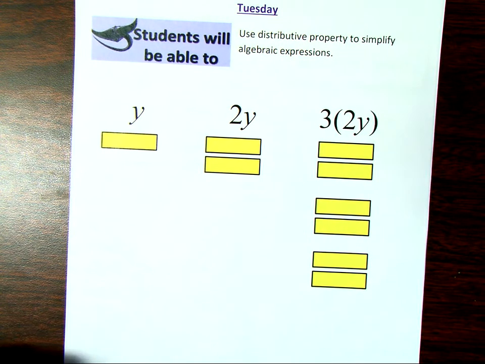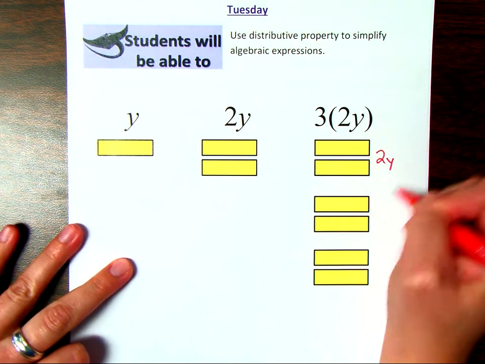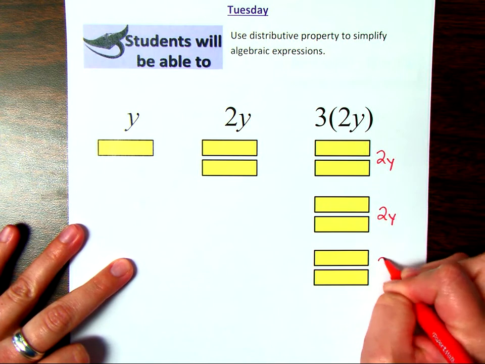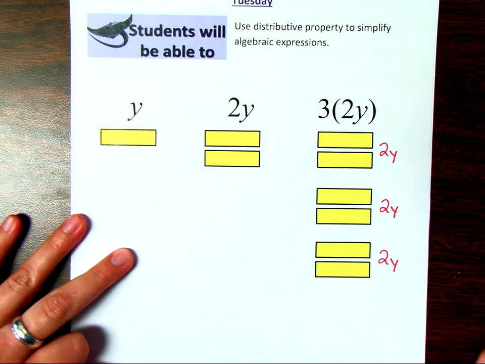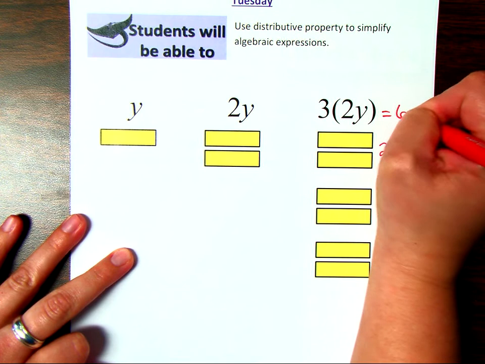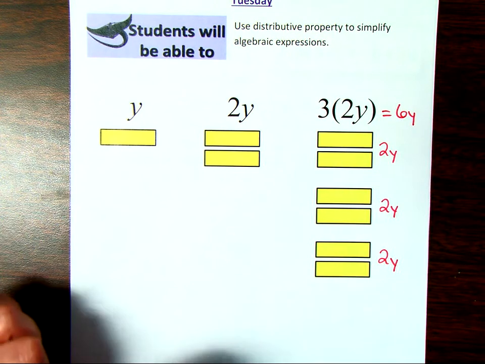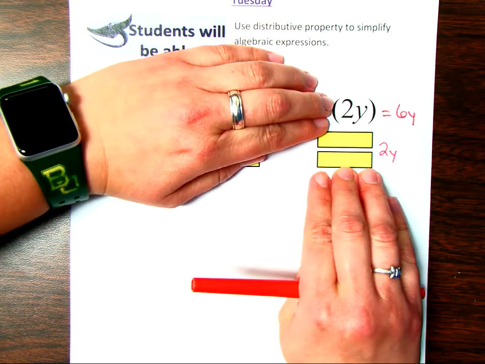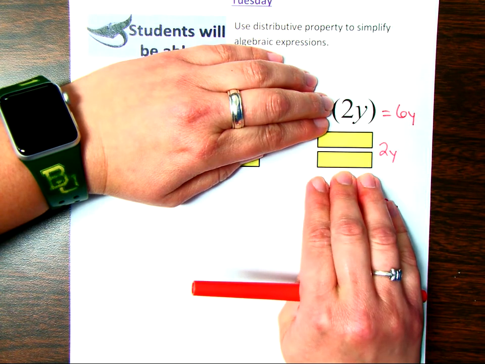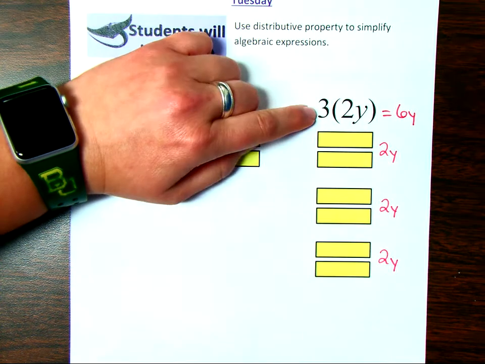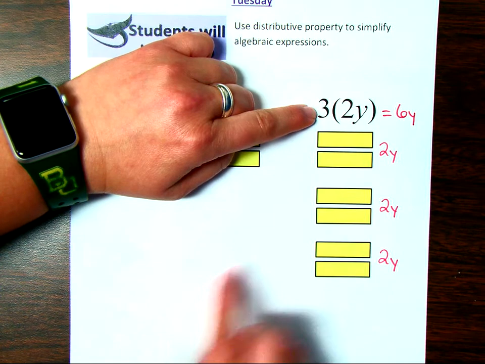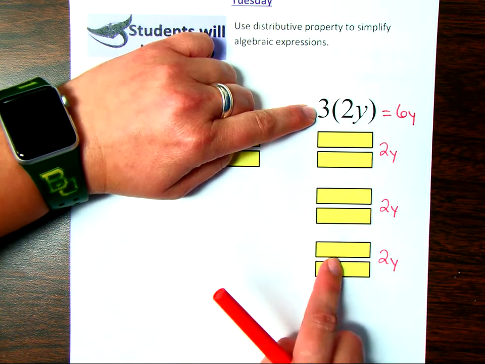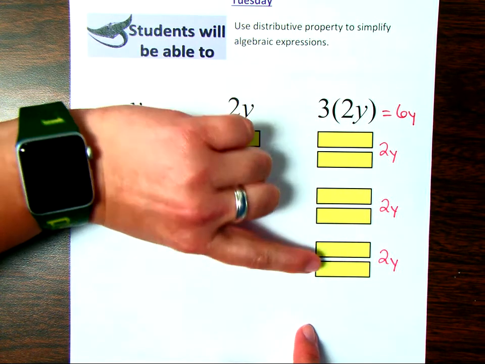And you can see that this is 2 y's here, 2 y's here, 2 y's here, for a total of 6 y's. So again, 2y in the grouping parentheses means that in every group I'm going to see 2 y's. The 3 on the outside means that I have 3 groups of those. And we can count 2, 4, 6.